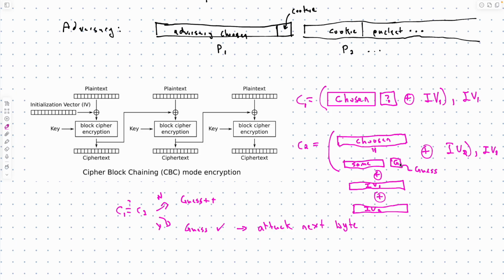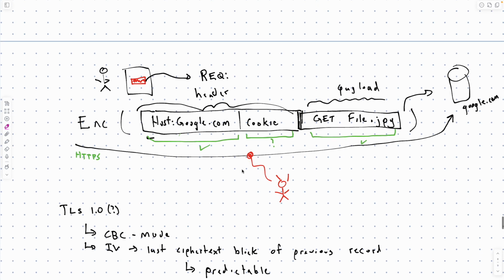You know how many bytes it's going to be? Yeah, so I know the cookie, I do know how long it is, and it's longer than a single byte, but I've slid just the first byte into the first block. And then I'll attack the rest of the bytes later. This is how the adversary is doing it. And the idea of being able to do it byte by byte, that's the divide and conquer.